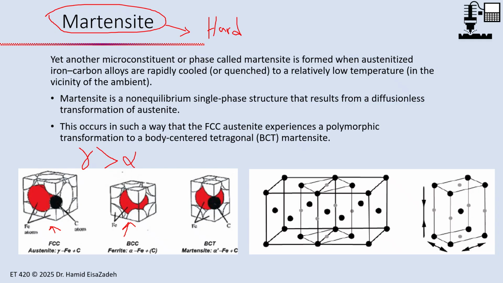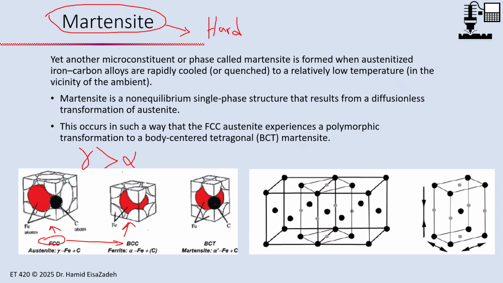This unit cell. When we cool the steel, the carbon is going to diffuse out. It doesn't want to stay there, because the FCC is transforming to BCC, so we don't have FCC anymore, right? But it requires time to diffuse out.